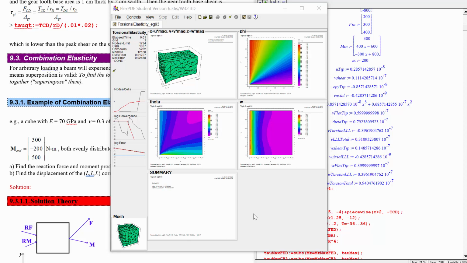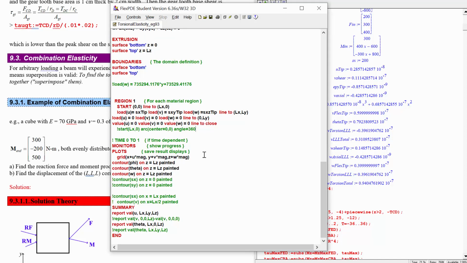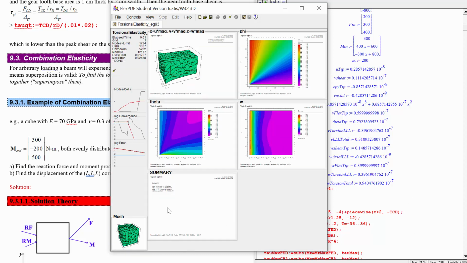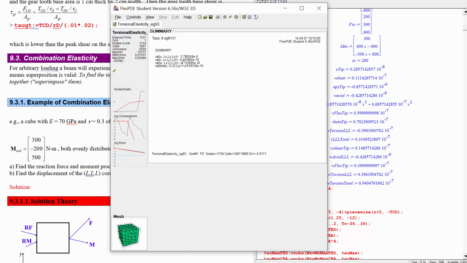We are also in a position now to see what the V and W displacements would be just from the Poisson's ratio. So let's have it also report what V and W are at that tip. And we get negative 4.4 E minus 10 in each direction. Is that what we calculated here? Where are we here?